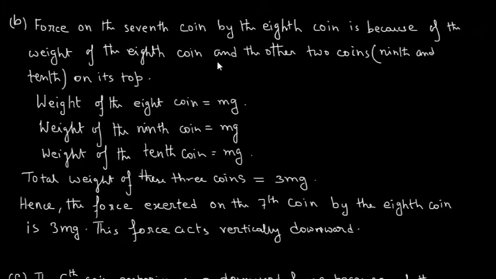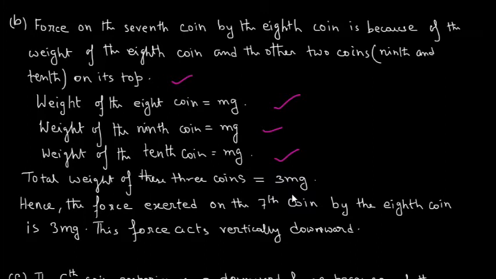Force on the seventh coin by the eighth coin is because of the weight of the eighth coin and the other two coins, ninth and 10th, on its top. The weight of the eighth coin is equal to mg. Similarly, the weight of the ninth coin is equal to mg and the weight of the 10th coin is equal to mg.